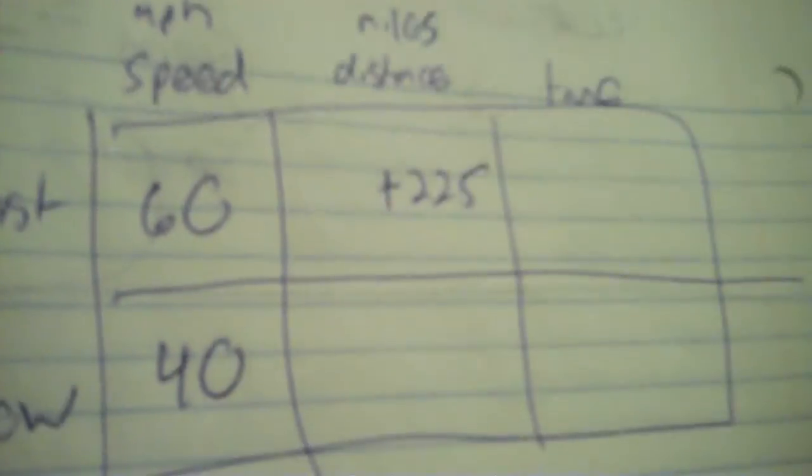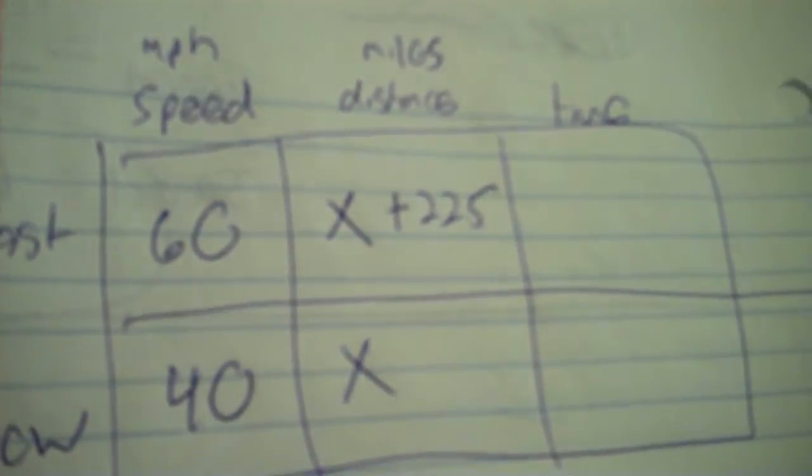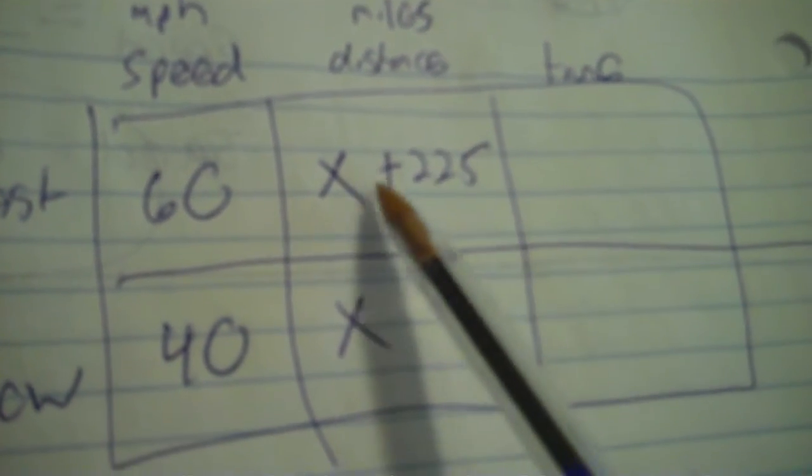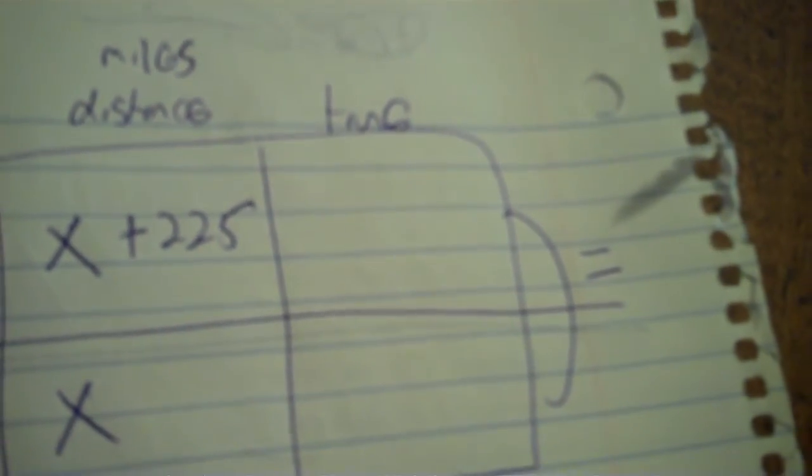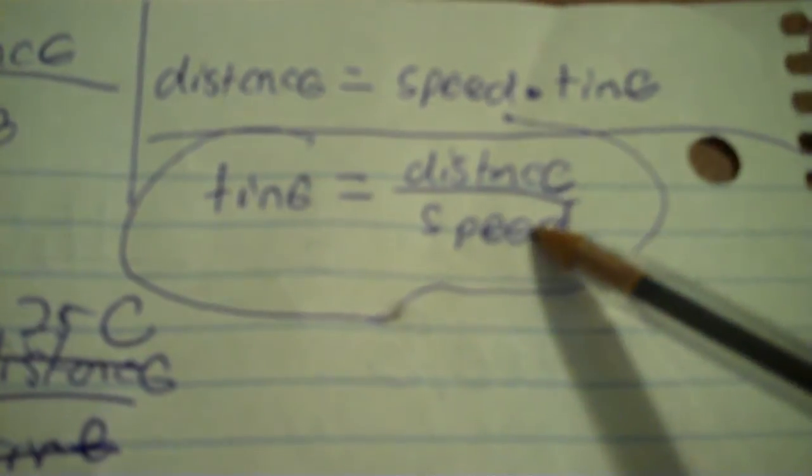So with the fast car, put a plus 225, and then you're going to fill that in with X, because you don't know really what it did, and this is going to be X. We don't know either one, but we know this one's 225 miles ahead of this one, okay? Now the time. The only thing we know about the time is that the times are equal. They travel for equal times. Now how can I write time? Time is distance divided by speed.